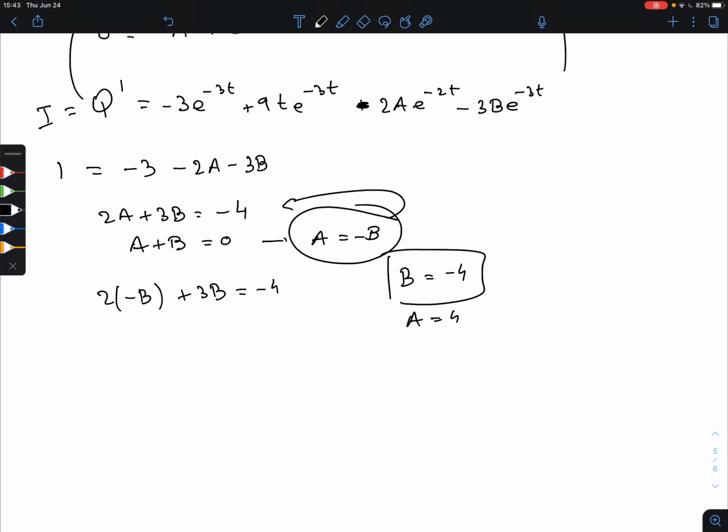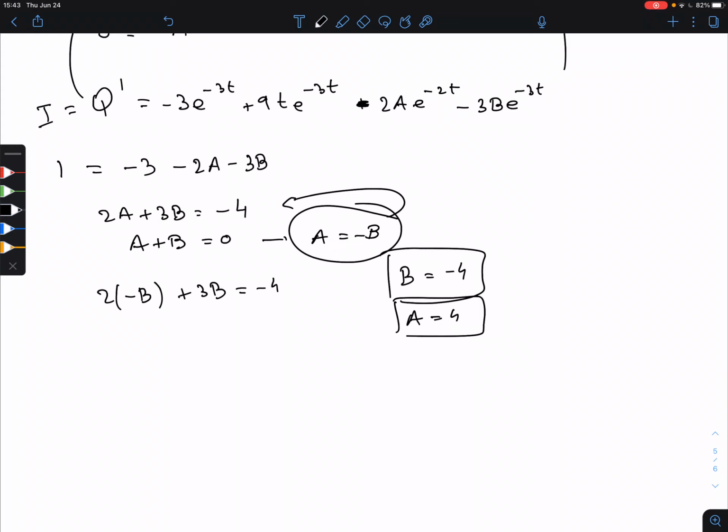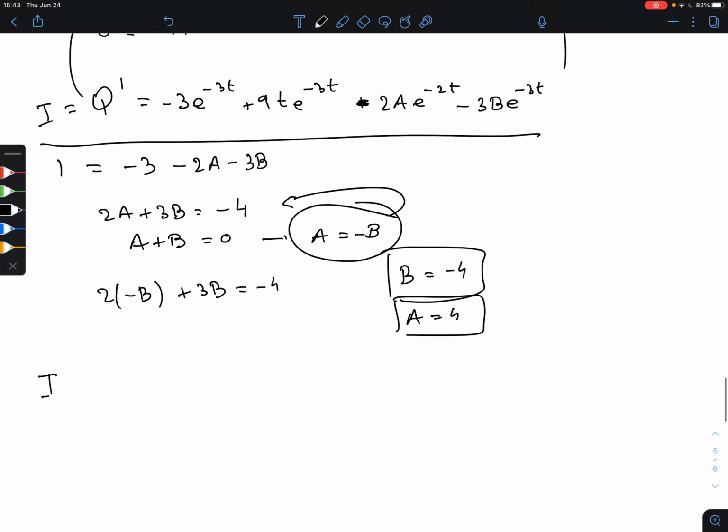So we see that our solution, now what is the solution? Well, actually this one. So I is equal to minus 3 e to the -3t, plus 9t e to the -3t, minus 8 e to the -2t, plus 12 e to the -3t. I plugged it in correctly.